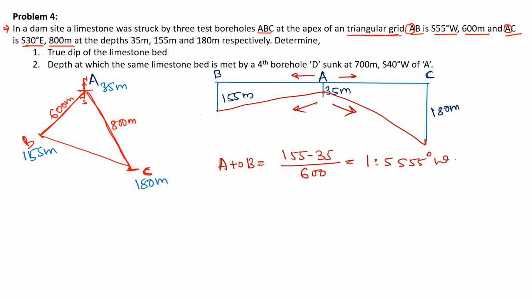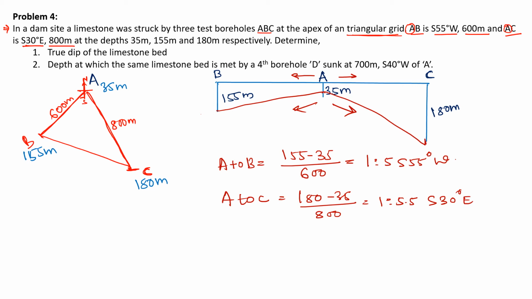Now another gradient is A to C, and that is 180 minus 35 divided by 800, which is the distance. So we get again around 1:5.5, with the direction given for A to C as south 30 degrees east.